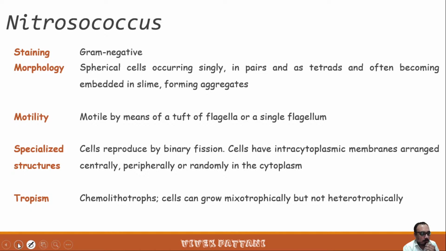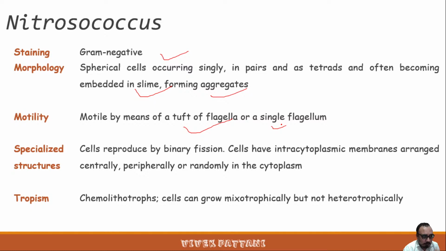Now moving forward to the next bacteria, Nitrosococcus. They stain gram negative, spherical cells occurring singly or in pairs or tetrads and often becoming embedded in slime forming aggregates. Motile by means of a tuft of flagella or a single flagellum.